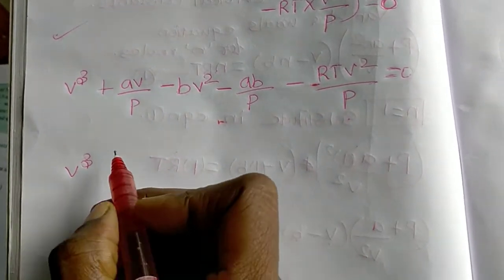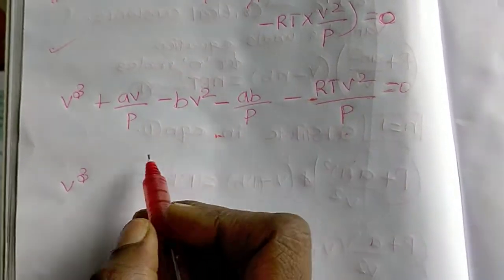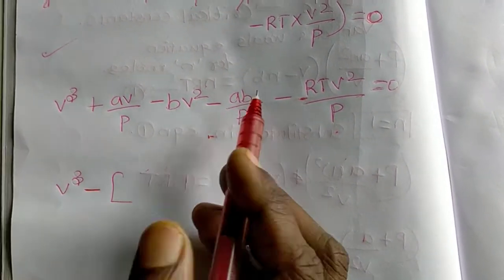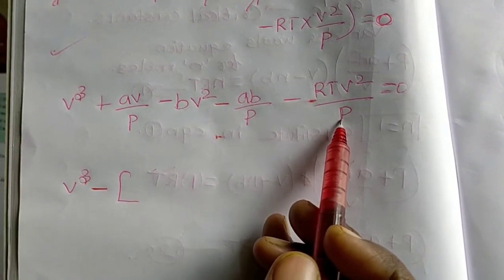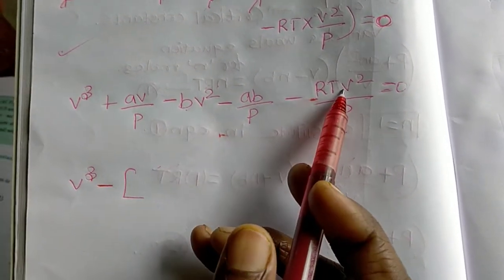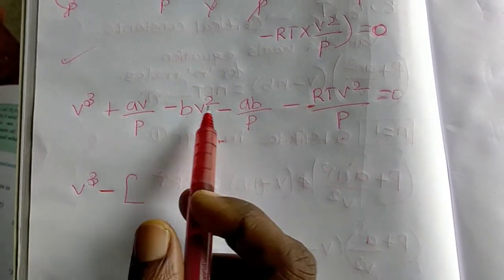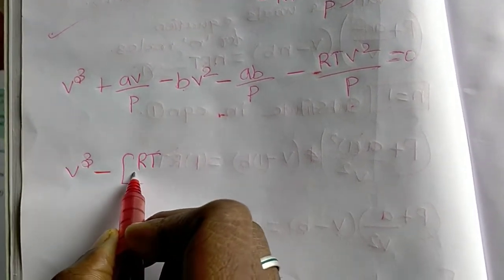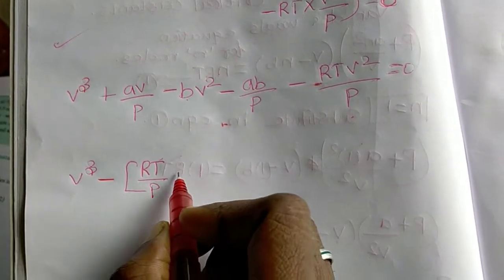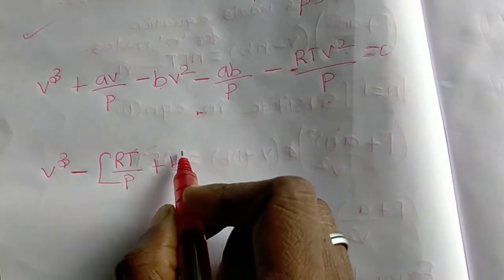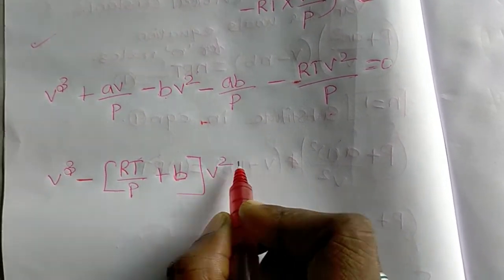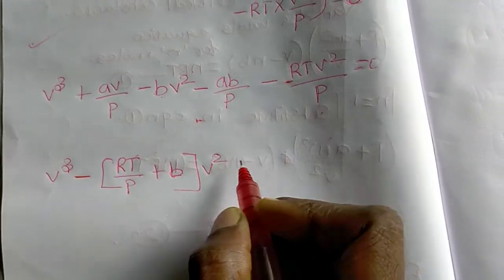Both are minus, so minus RT divided by P plus b, and v square is the common term.